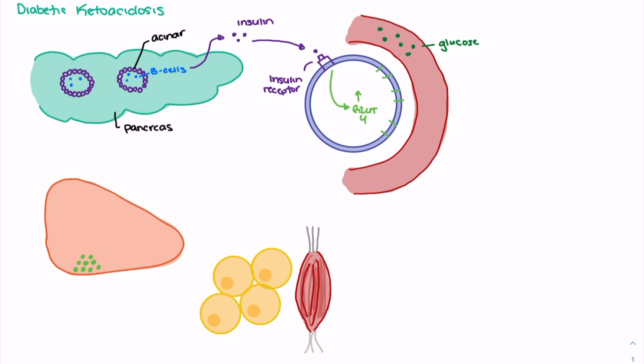And what that is going to allow for is for glucose to now make its way into the cell. So insulin binds to the insulin receptor, I start to see an upregulation in the GLUT4 transporter on the cell membrane, and that's going to allow glucose to make its way into our cells, and we can have cell storage of glucose.